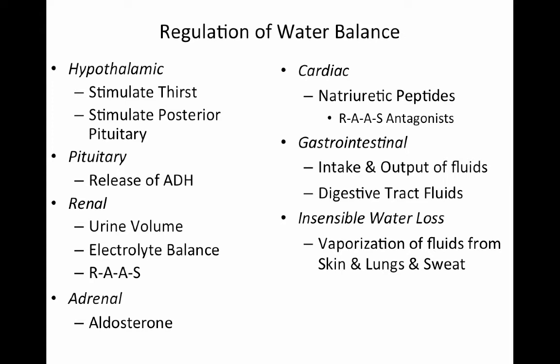So remember, if our intravascular volume is low, the hypothalamus will stimulate the posterior pituitary to release ADH, which then triggers the distal renal tubules to reabsorb water in the hopes that the intravascular volume will increase, okay?